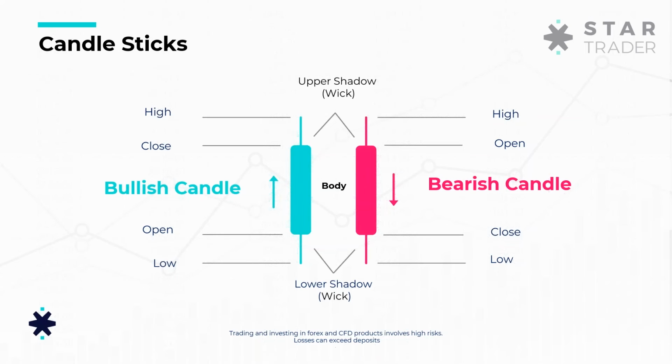Whenever the body of the candle is green, it's a bullish candle. Whenever the open price is lower than the close price, it's called a bullish candle. That means the candle went up. It opened low, closed high. We made profit.